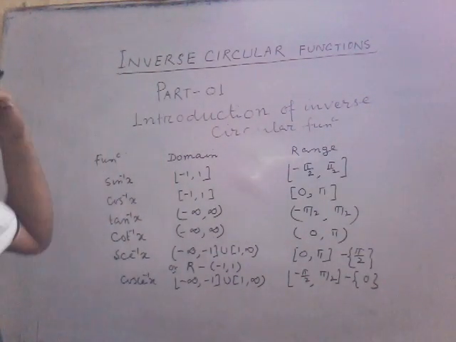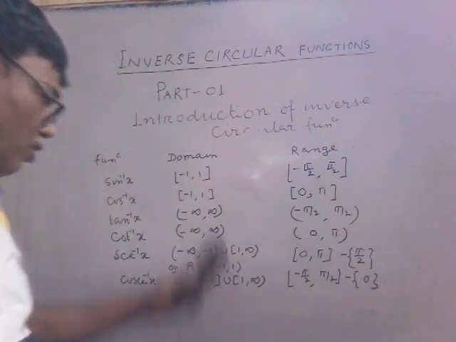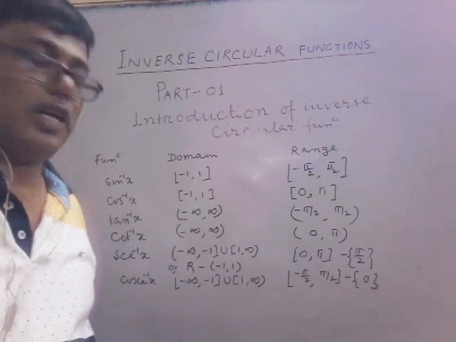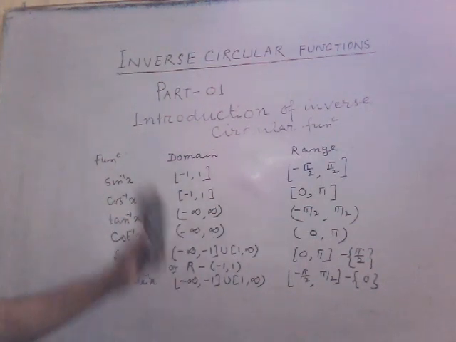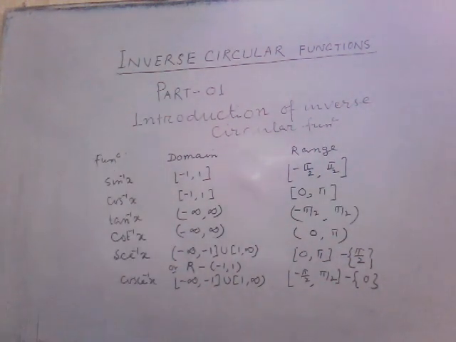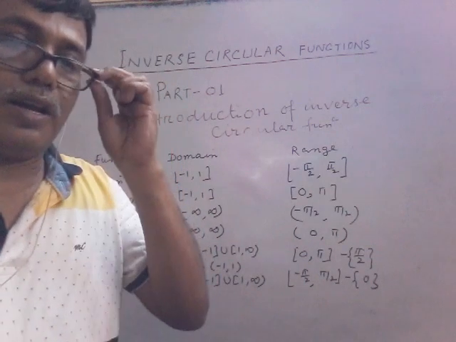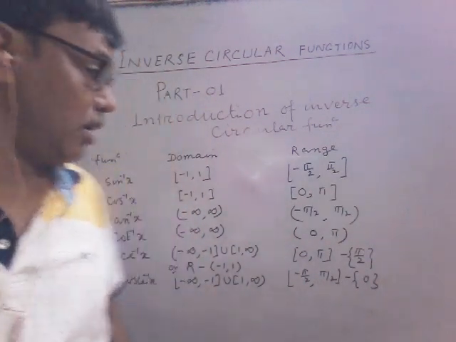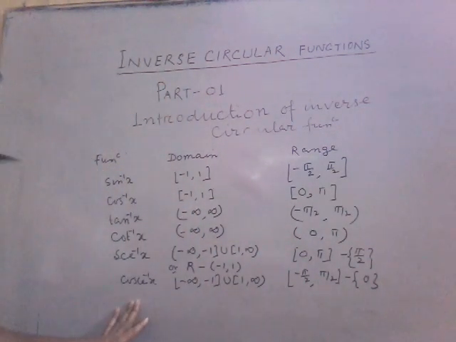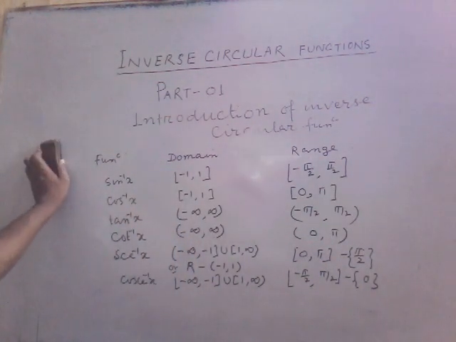So look, domain of inverse circular function is the same as the range of sin x, cos x, tan x, cot x, sec x. This is the range of trigonometric function. Now, using these results, you find domain of some problems.